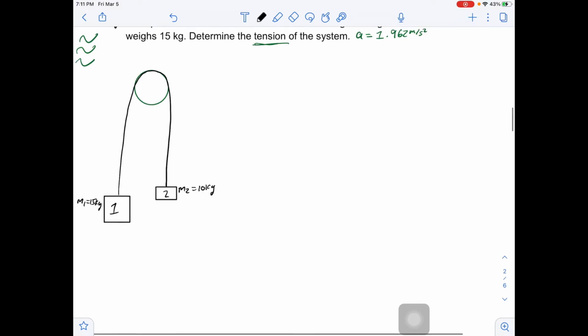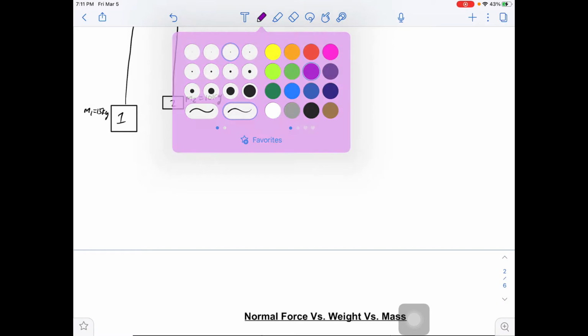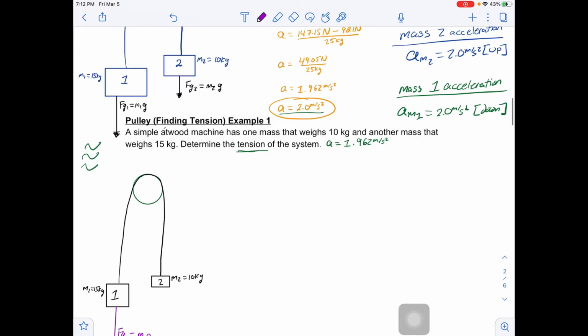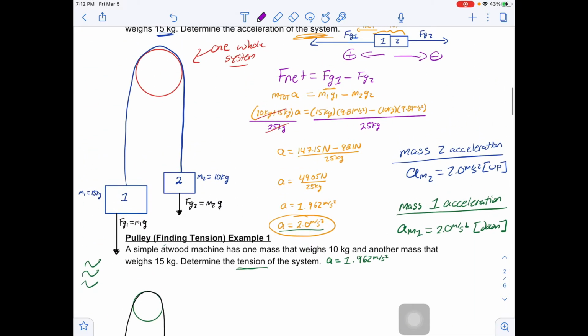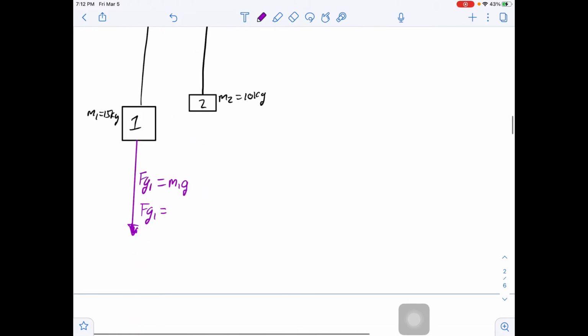Now, what did we know about this? Well, first of all, in the last video, we found out that the force of gravity on 1 is the mass of 1 times the gravity. We found it to be 147.15 newtons.